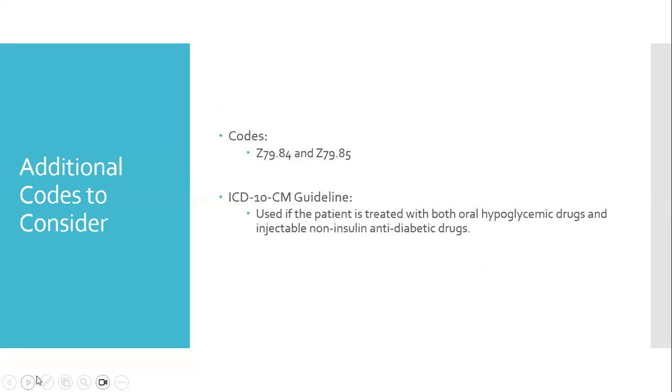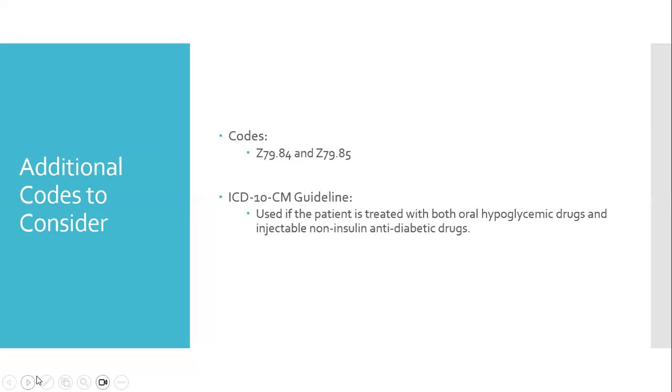So, some of the other additional codes that we need to consider with diabetes is, as I mentioned earlier, if your provider tells you in the documentation that they're on an oral hypoglycemic drug, or an insulin injectable, or a non-insulin injectable drug, there are Z status codes that we use to further explain the patient's situation.